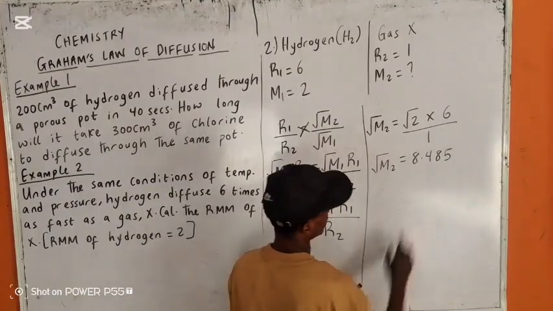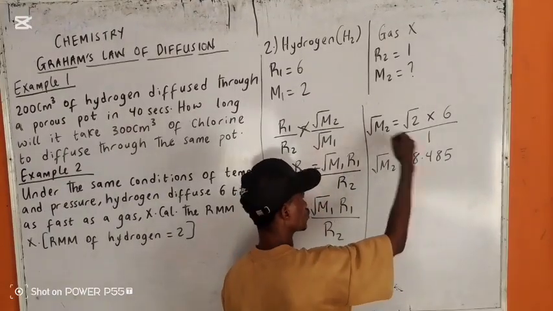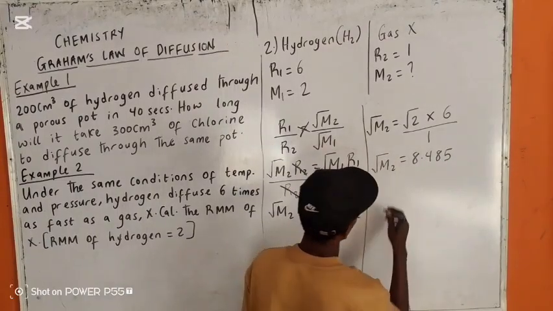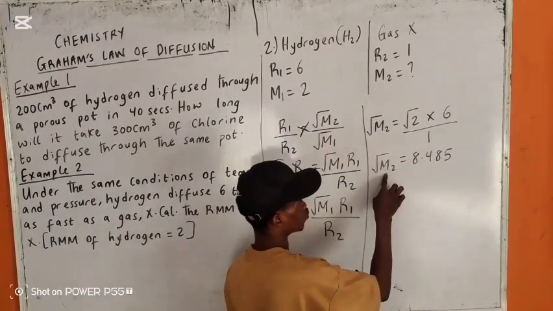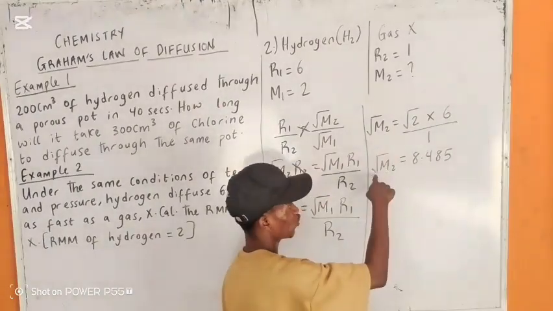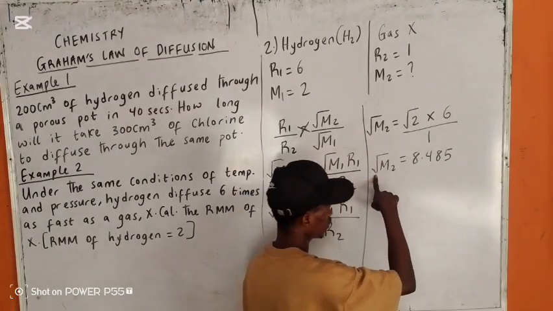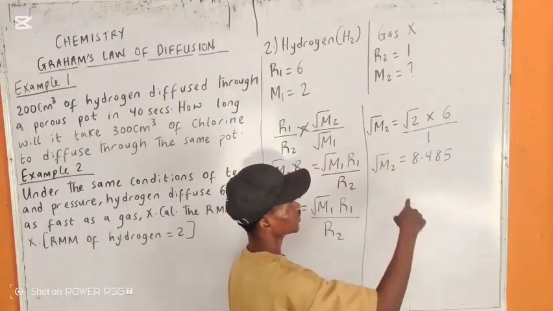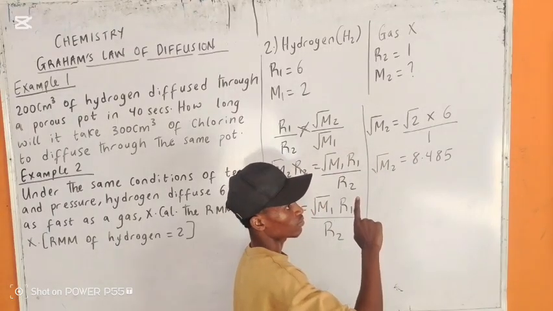Now from here, we can square both sides just to eliminate this square root. So that will be what? We already know that M2 raised to the power half is the square root. I want to show you how we eliminate this square root by squaring both sides. Don't get confused.